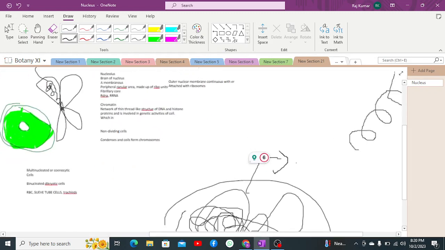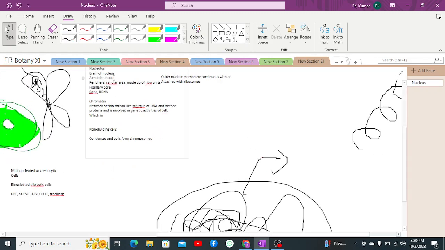In order to make it separable and individual, there is a presence of non-histone protein inside it.